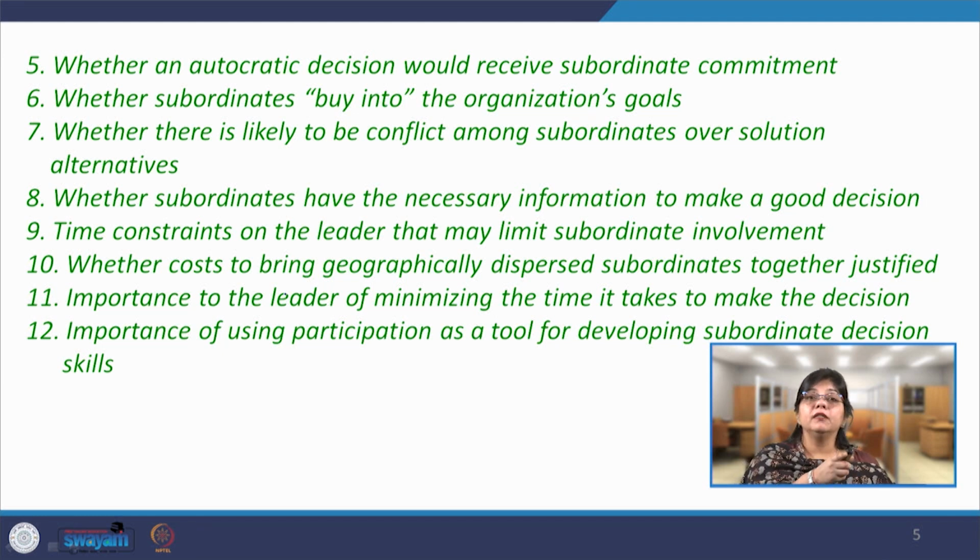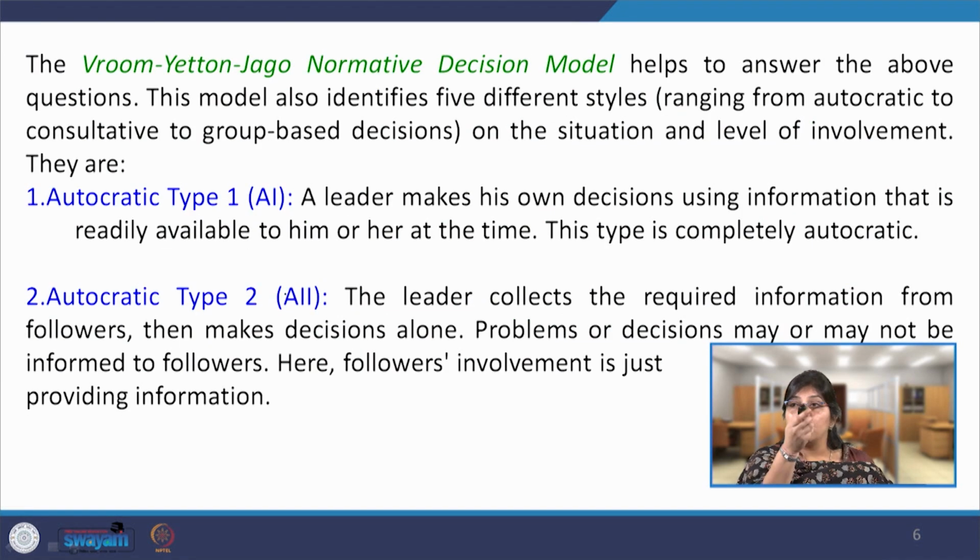These leadership styles define the situation, the style, and the level of involvement of the subordinates. This is a decision tree in terms of the amount of participation based on information sought from the employees.